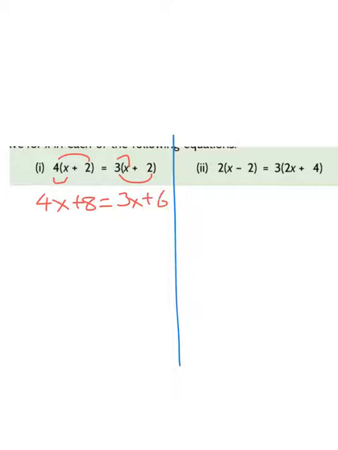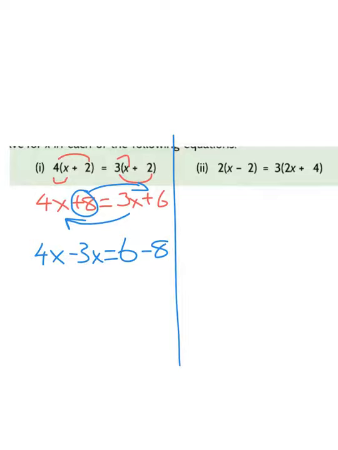Now we need to get our letters to the left and our numbers to the right. So moving 3x across, and we're going to move plus 8 across this way. So that's going to become 4x minus 3x is equal to 6 minus 8. Remember, when it moves across the equal sign, it becomes the opposite sign to what it was. 4x minus 3x gives me x. 6 minus 8 gives me minus 2.